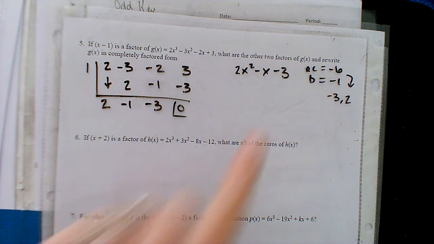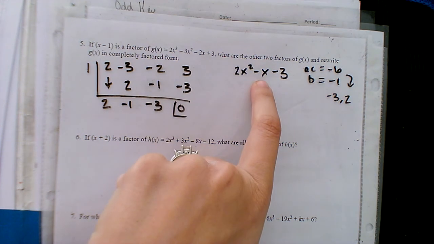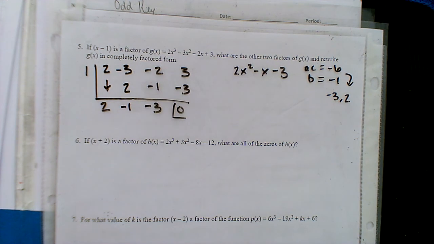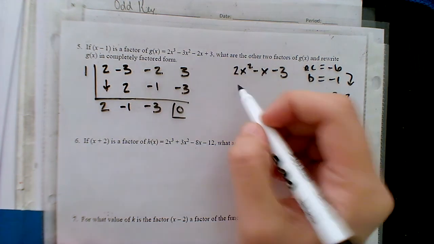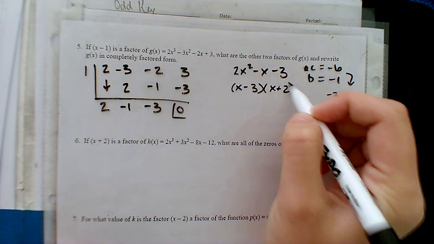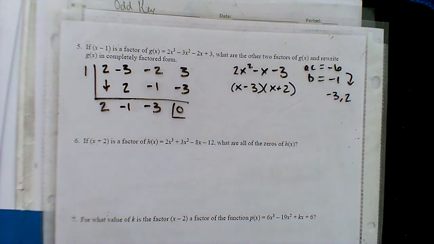At this stage you can either do grouping, replacing the middle term with those, or you can do divide and slide. Do we have a preference? Divide and slide? Okay, so we'll have x minus 3, x plus 2. If you prefer grouping, go ahead and do that, whatever you're more comfortable with.